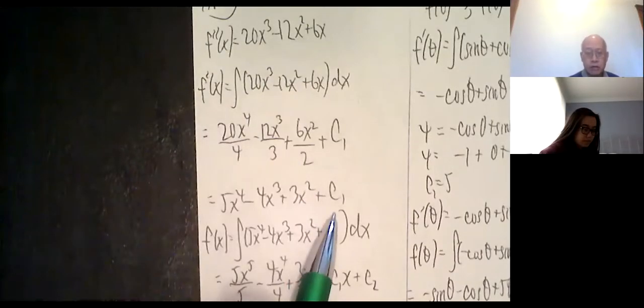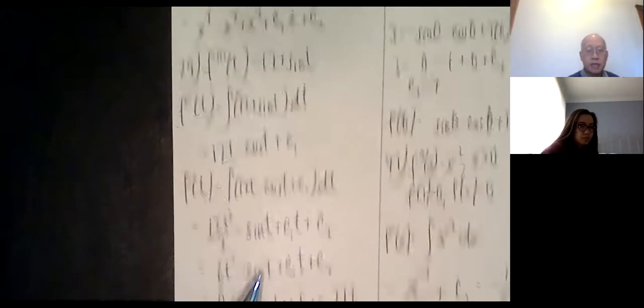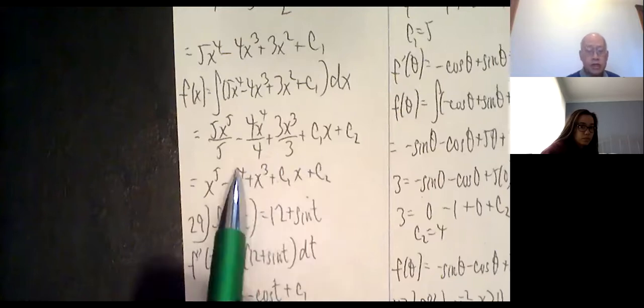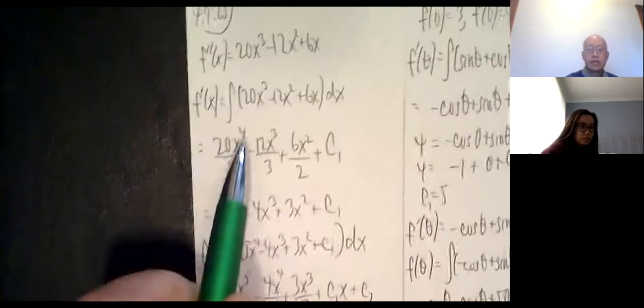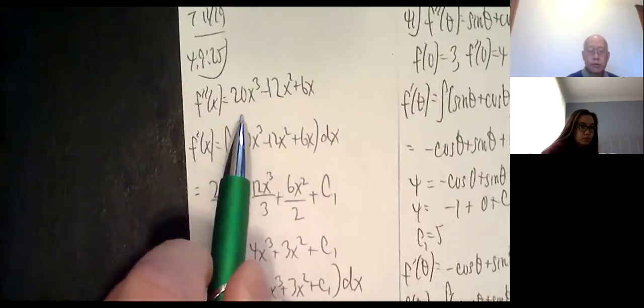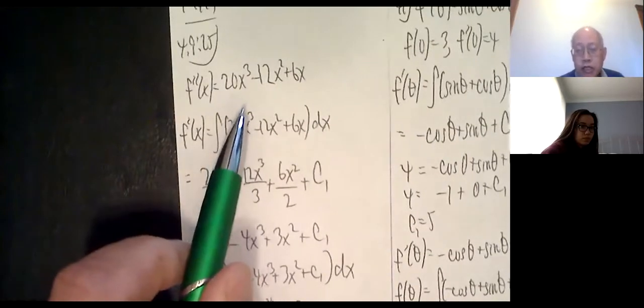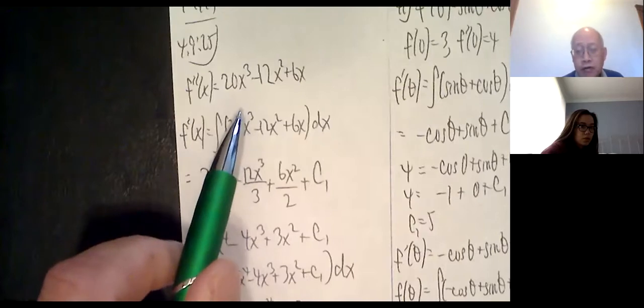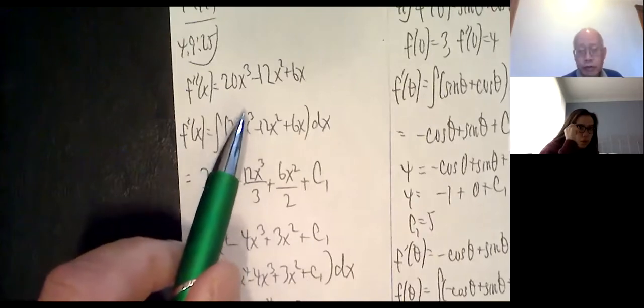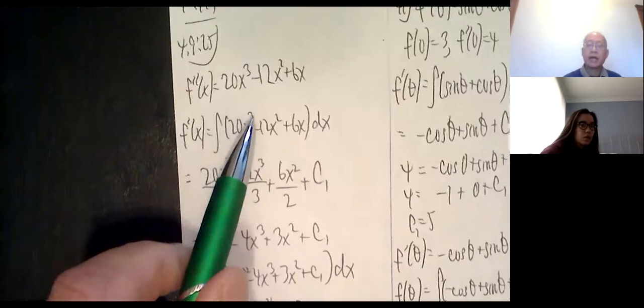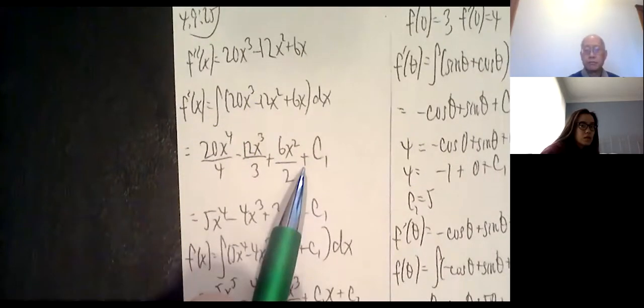And derivative of C1 is 0. So we've proven that the derivative of any of these functions is indeed this. So it works. So again, please notice the language. When you have a function, you would say the derivative, but there are many antiderivatives. There's actually infinitely many antiderivatives, but they differ by a constant.